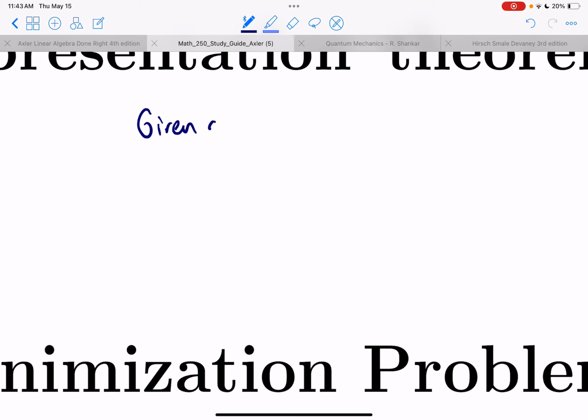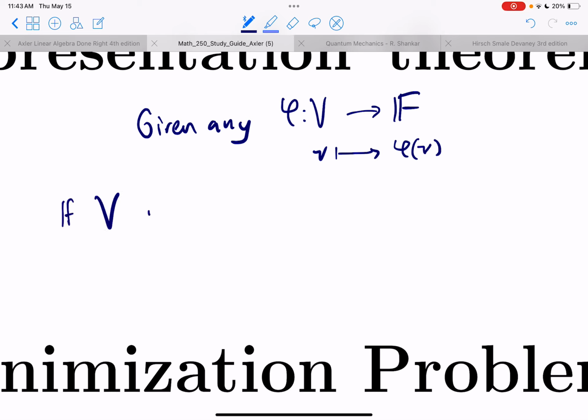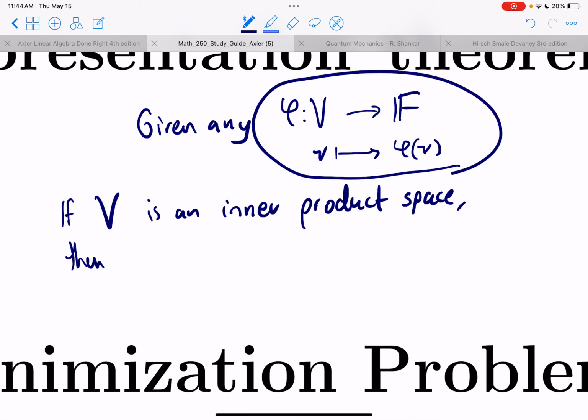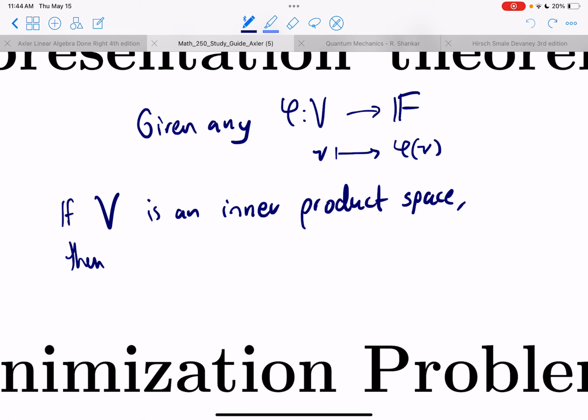It says, given any linear functional, any linear map phi from V to F, sending a vector v to some number phi of v, if V is an inner product space, meaning we have some inner product defined on it, then every linear functional is secretly just the inner product of v against some vector q.